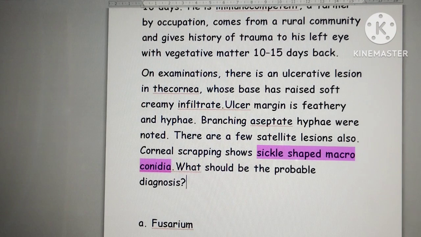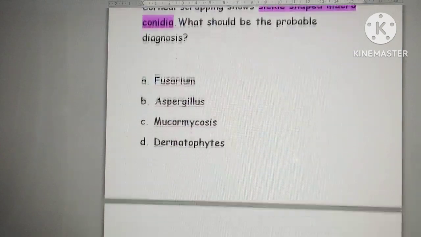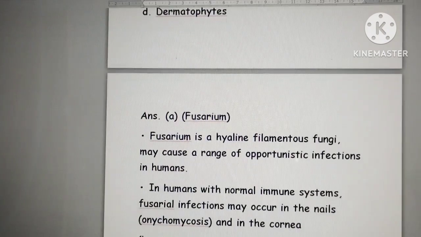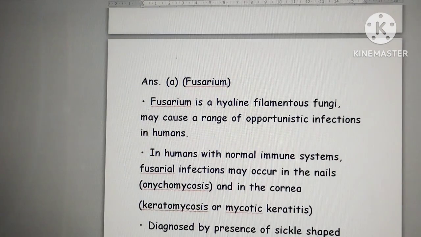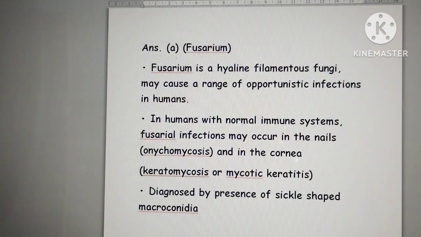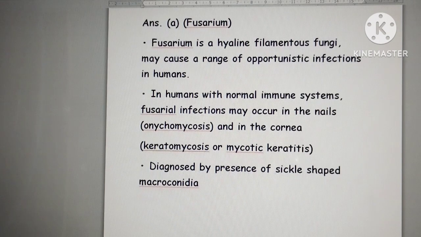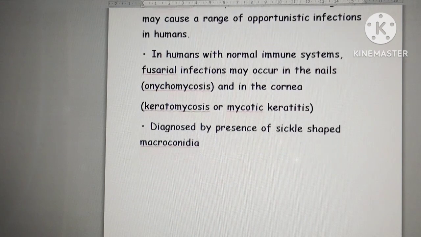Fusarium can occur in both immunocompromised and immunocompetent patients. So here the clue is the sickle shaped macroconidia, and the answer is Fusarium. It is a hyaline filamentous fungus which usually causes opportunistic infections, and it also causes onychomycosis and keratomycosis. So the diagnosis is mainly by sickle shaped macroconidia.